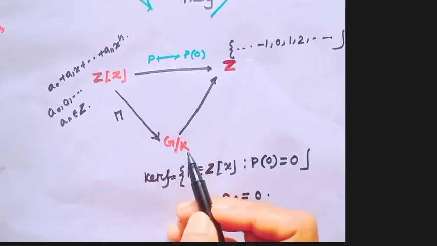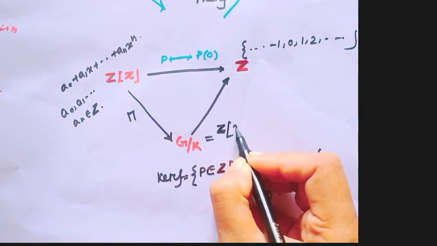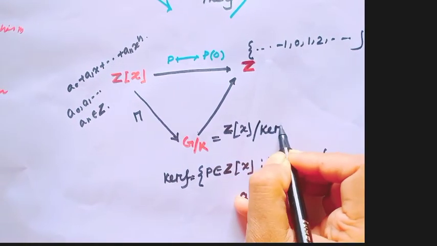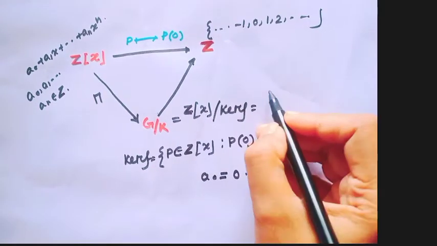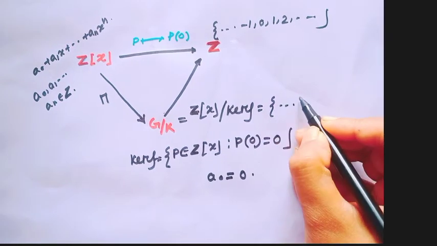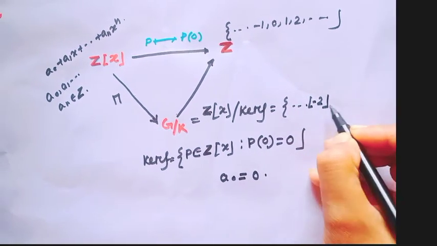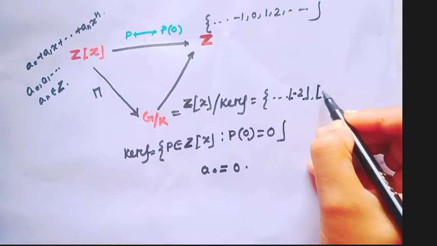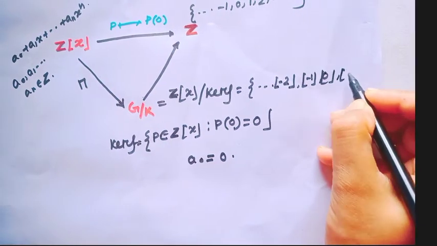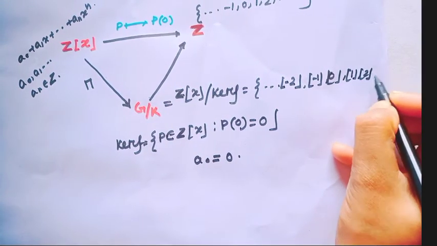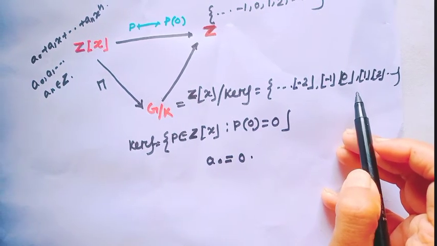Here G mod ker f equals Z[x] mod ker f, which is the set containing the constant coefficients minus 2, minus 1, 0, 1, 2, and so on. And 0 here, of course, is the kernel.